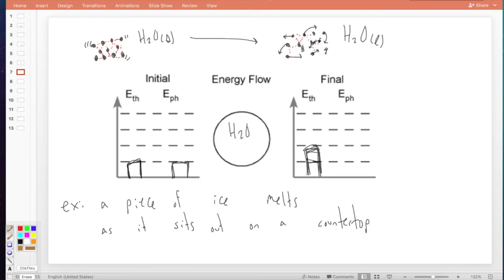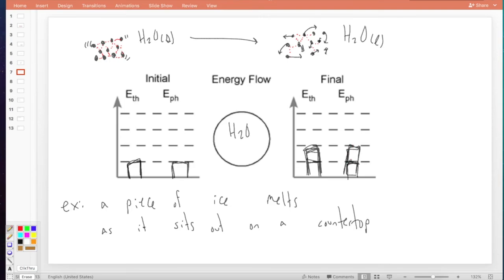So because the particles have a less orderly arrangement, they are more spread out, the intermolecular forces have been weakened. It takes energy to do that. That's potential energy. The potential energy of this system has increased. We use 2 bars to represent the phase energy for a liquid. So it begins as cold ice with low amounts of potential energy, and it ends with room temperature liquid with medium amounts of potential energy.